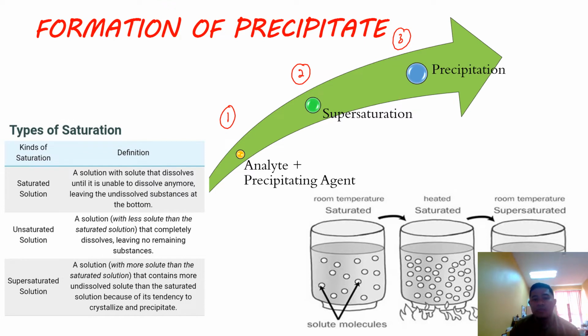The second step is supersaturation, and then precipitation can occur. When we say saturated, it means tepu, but to get the precipitate it needs to be more saturated. So sometimes we need to apply heat in the reaction, or in the lab we use a water bath. With a water bath we can control the temperature.